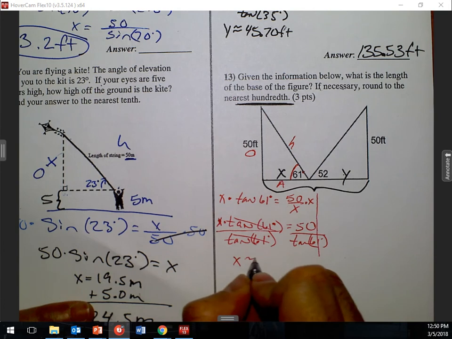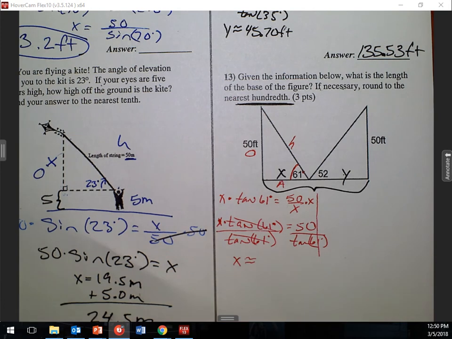So x is going to be about, I want you guys to actually tell me this one now.